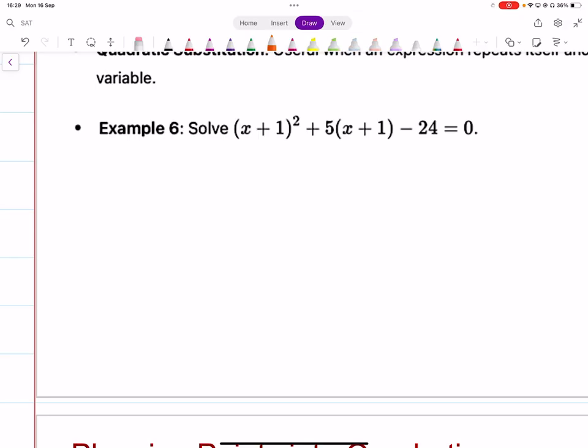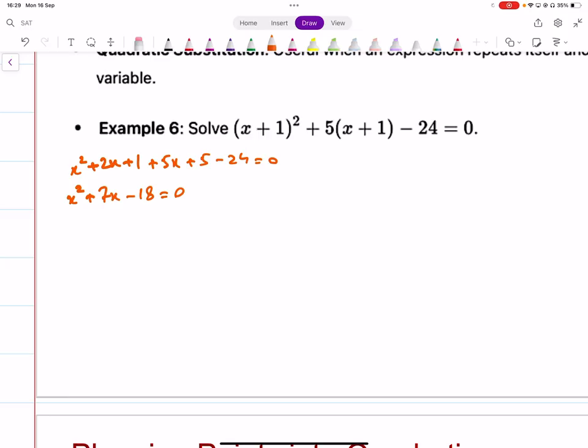One idea is that you expand the whole thing, right? So it becomes x squared plus 2x plus 1 plus 5x plus 5 minus 24 equal to 0. And that gives you x squared plus 7x minus 18 equal to 0. Now put this on your calculator and see what that gives you.